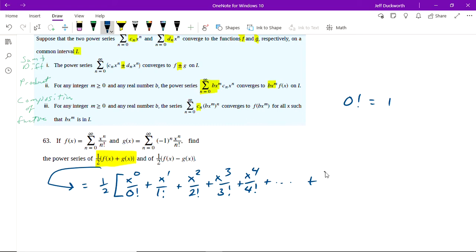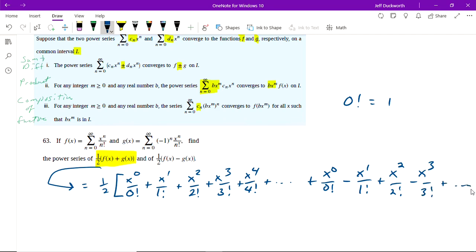So then we get, again, x^0 over 0 factorial. But what happens when we put in a 1 for n? Well, that's (-1)^1, which is now a negative, and we get this x to the first power over 1 factorial. And then we add again when we get an even value and subtract again when we get an odd value.